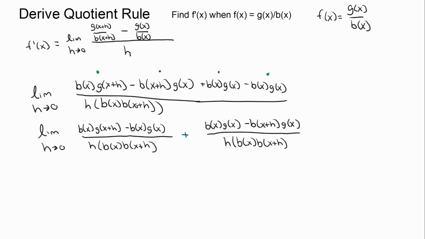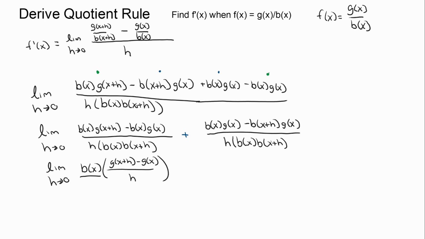We can start to see a little bit of how this will resemble the limit definition of a derivative. But first, let's factor out a few things in the numerator and also rearrange a little bit. So here, we have our limit as h approaches 0. We'll factor out h of x from our numerator, so it's h of x multiplied by the fraction g of x plus h minus g of x divided by h.